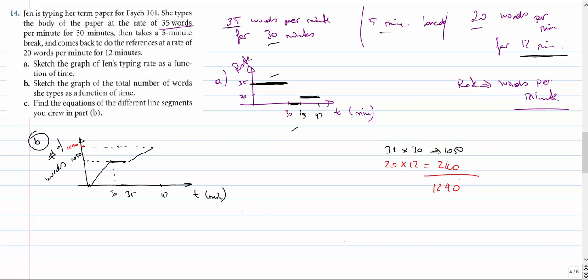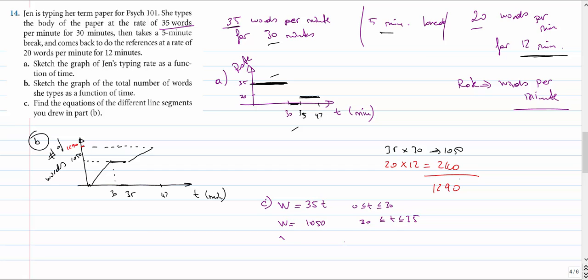For C, find the equation of the different line segments you drew in part B. So words per minute is 35t when time is between 0 and 30, and W is 1050 for time between 30 and 35.